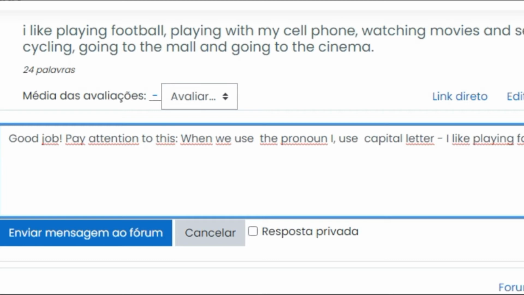Another point here that I also talked about is using go cycling and go swimming. Remember that we use the verb go together with another verb in the ing form, right? So using go cycling and go swimming is more correct.